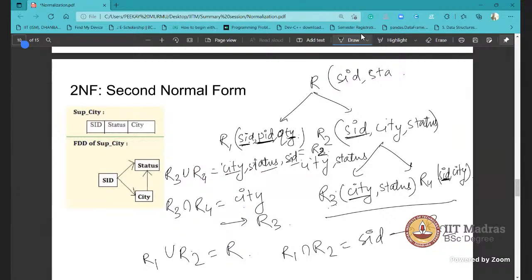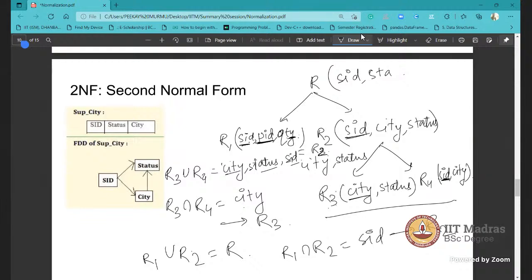What we have done, we can conclude that R is decomposed into 3NF and it is a lossless decomposition. Can we say that 3NF is a lossless decomposition? We just proved it, right? Yes, sir.